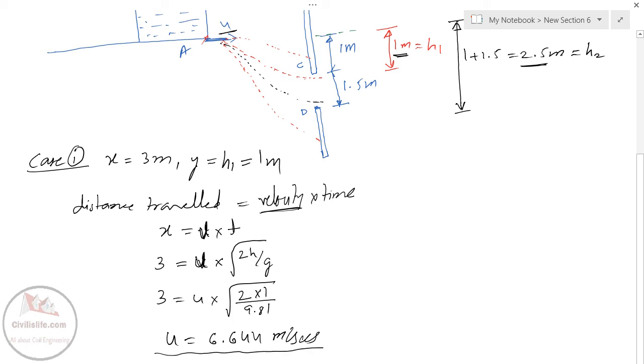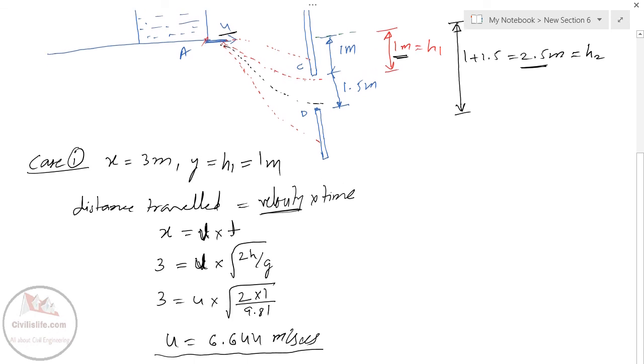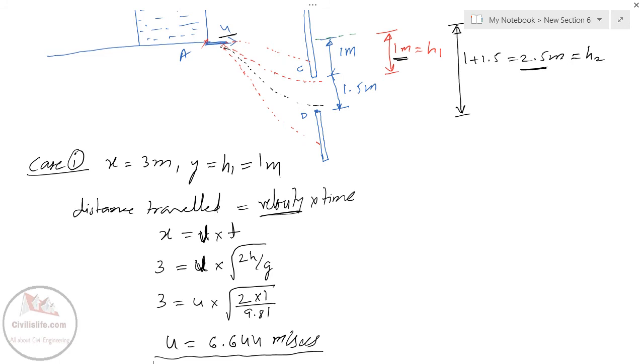If I release the water with this velocity, it is going to enter the opening CD.